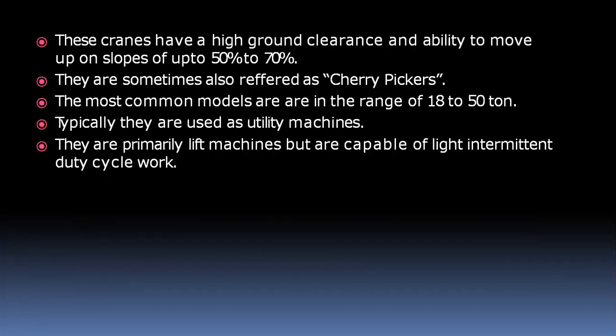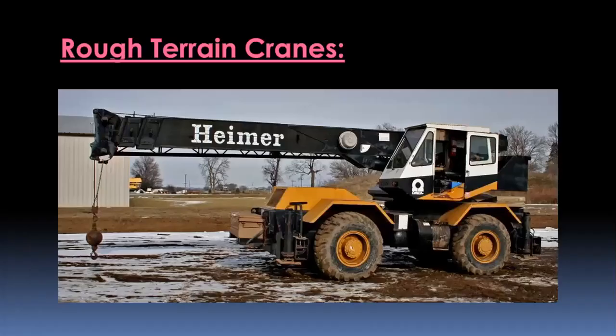These cranes can have a high ground clearance and the ability to move upon slopes of up to 50 to 70 percent, and they are sometimes also referred to as cherry pickers. The most common models are in the range of 18 to 15 tons. They are used as utility machines, primarily lift machines, but are capable of light intermittent duty cycle work.